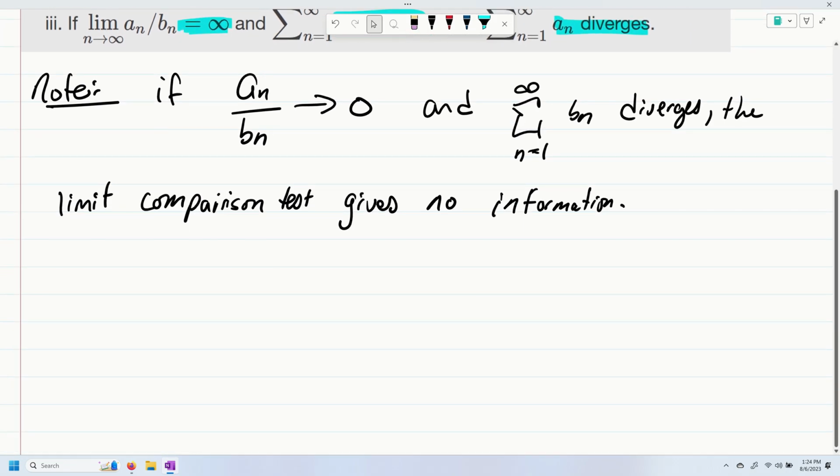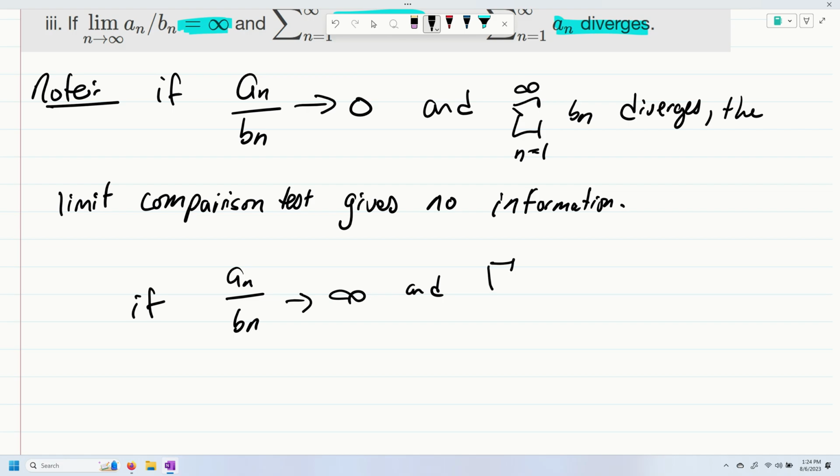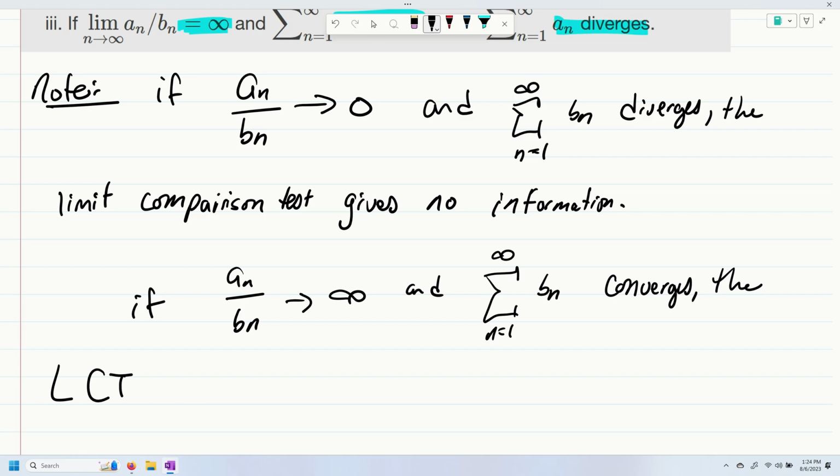All right. Also, if the ratio, when you take their limit, goes to infinity and the series of b sub n converges, the limit comparison test, I'm going to just put LCT, provides no information either.